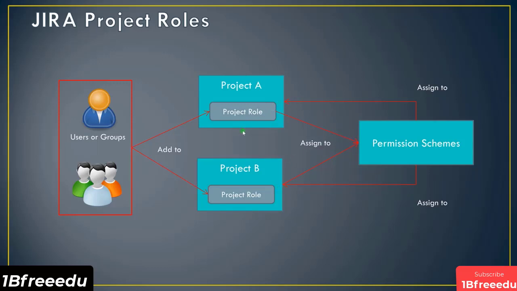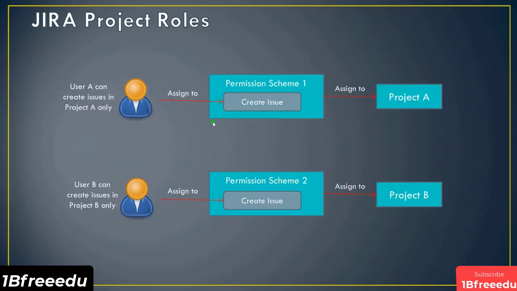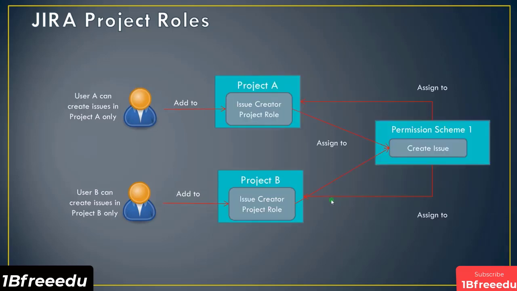Now maybe let's use the example and try to understand this a little more. So going back to this example of user A only being able to create an issue in project A and user B only being able to create an issue in project B, how would we solve that with project roles? Well, we would create a project role called issue creator in Jira.